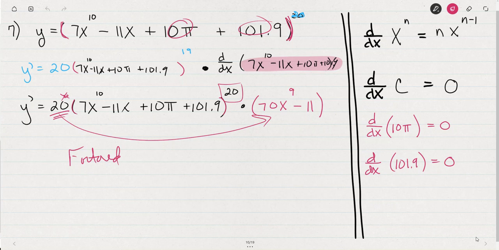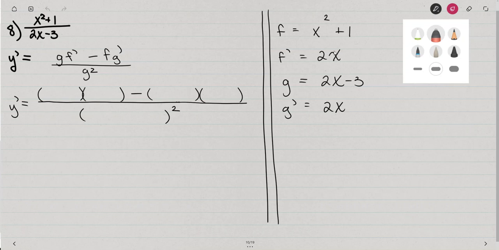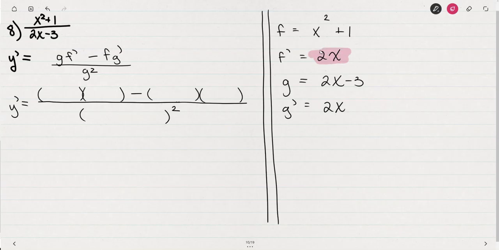The next example we have is using the quotient rule. The derivative of a quotient is the denominator times the derivative of the numerator, minus the numerator times the derivative of the denominator, divided by the denominator squared. So if our numerator is x squared plus 1, then the derivative of x squared plus 1 is 2x.